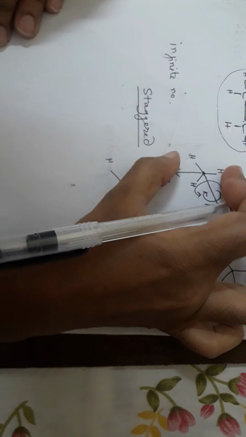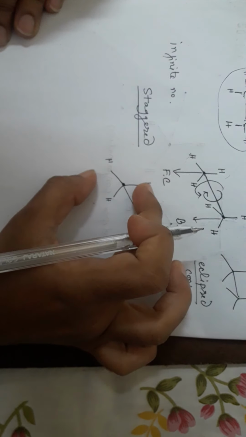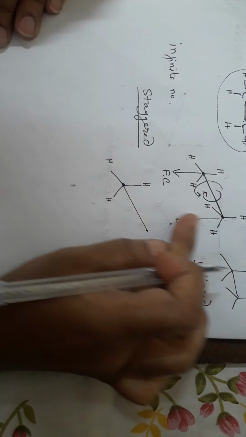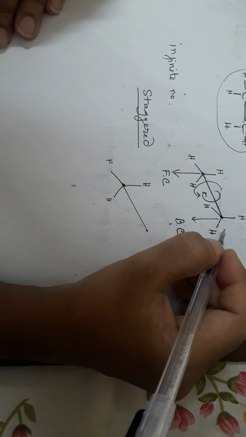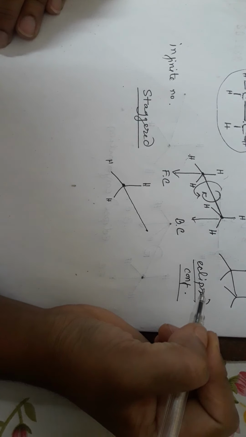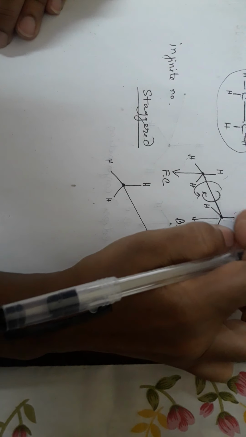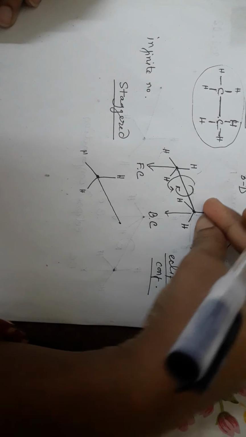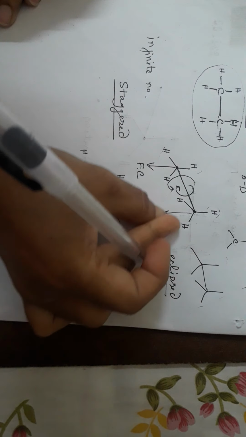So it is the same as I have drawn here, but the second carbon after the rotation. If I want to take this hydrogen to a lower position, take this hydrogen and bring it to a lower position.